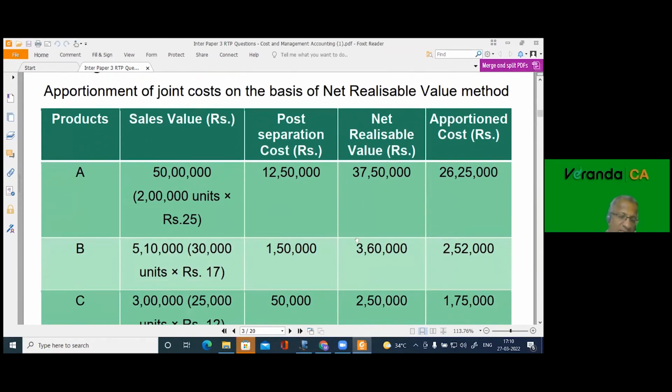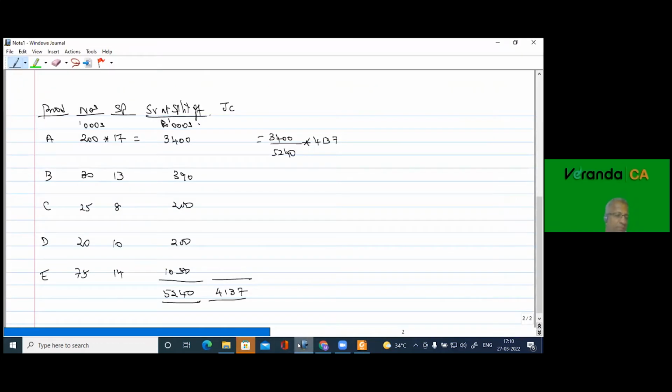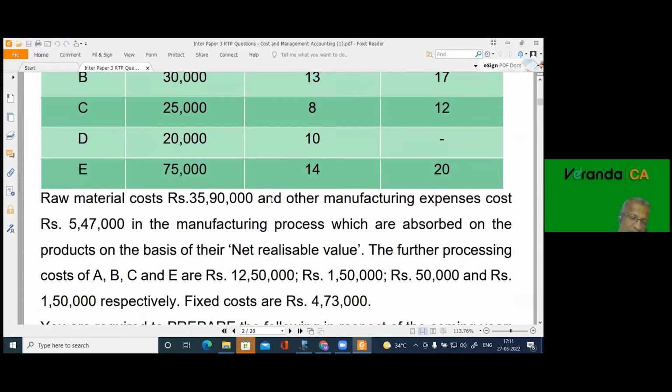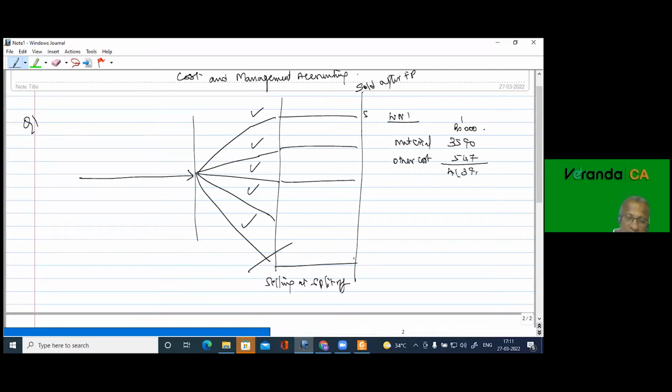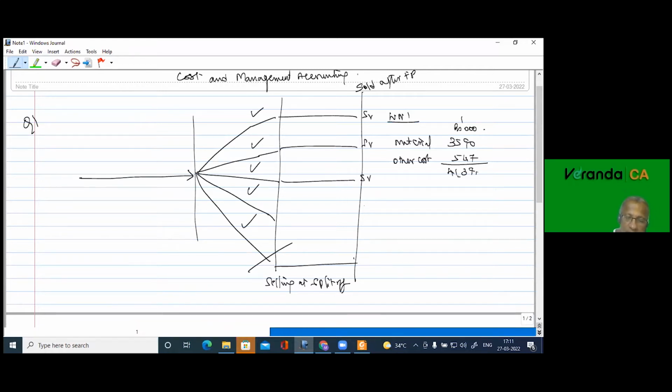So now let us see how it is taken up. We are expected to take up further processing cost, because net realizable value means sale value minus further processing cost.